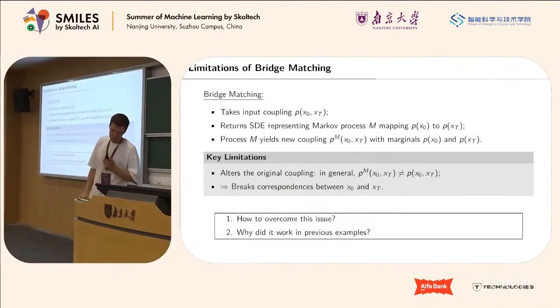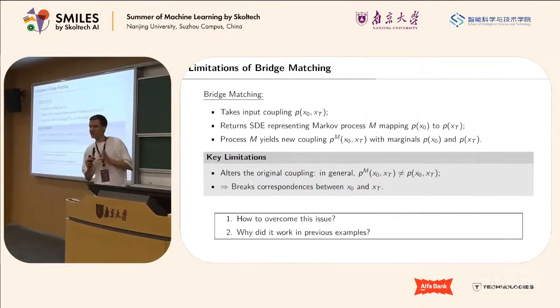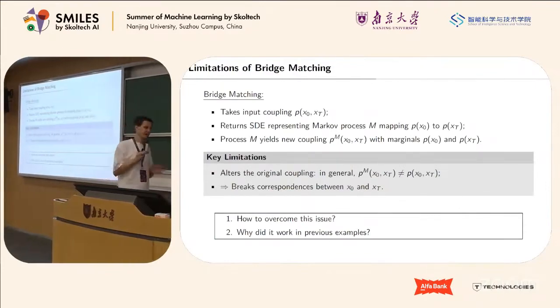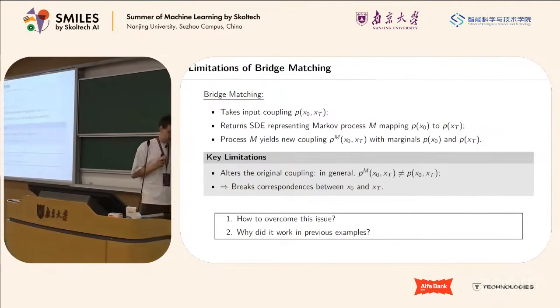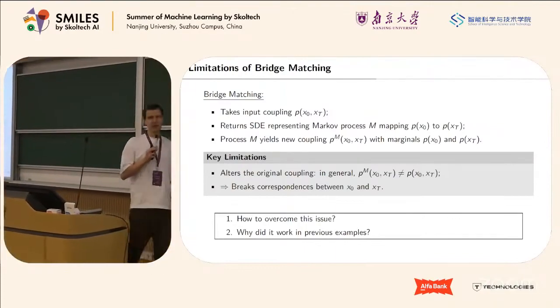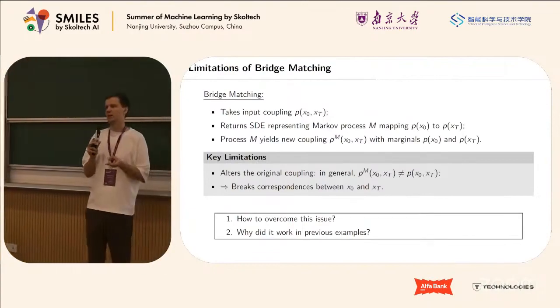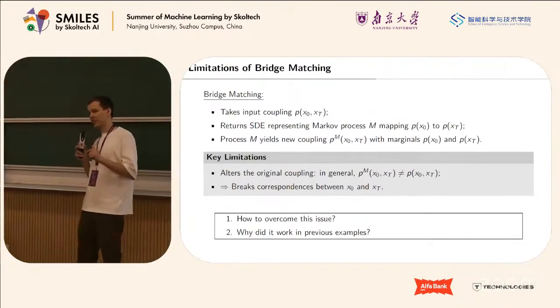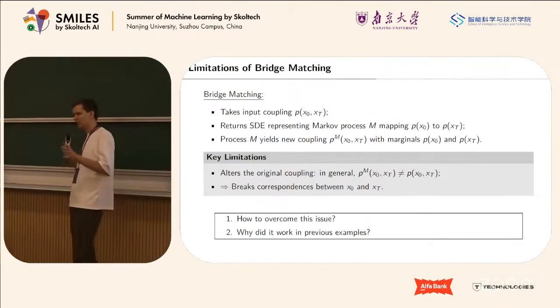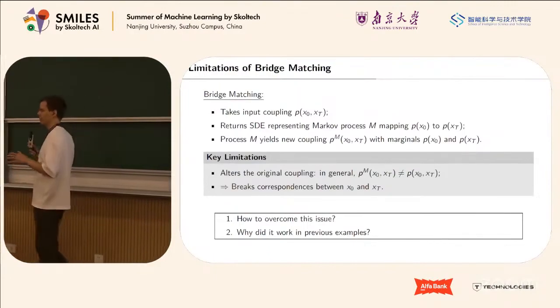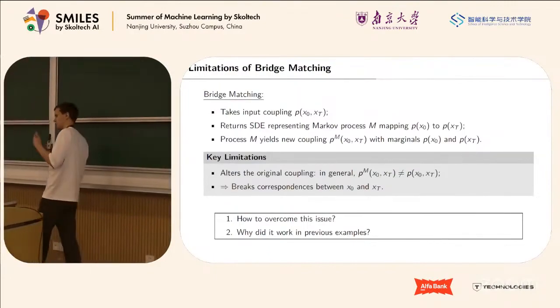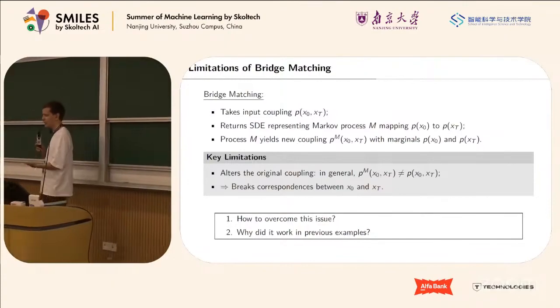But one thing which is a little bit tricky here, and I actually did not highlight it previously, is the fact that when you have some data coupling and you learn a bridge matching on top of this coupling, you obtain some Markovian projection, some stochastic differential equation, which can be used for data generation.